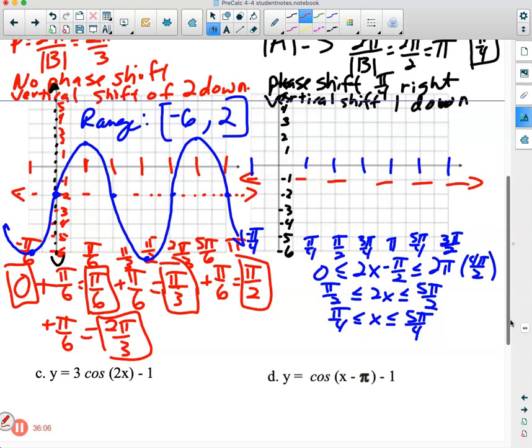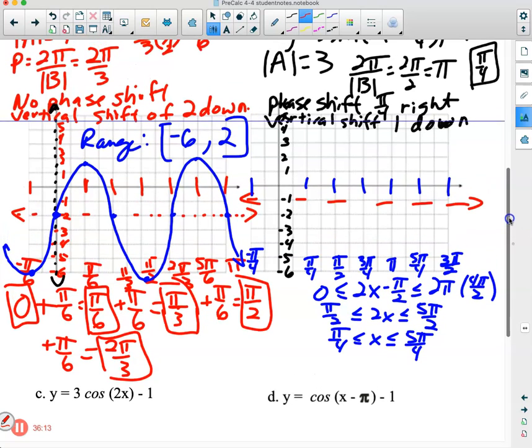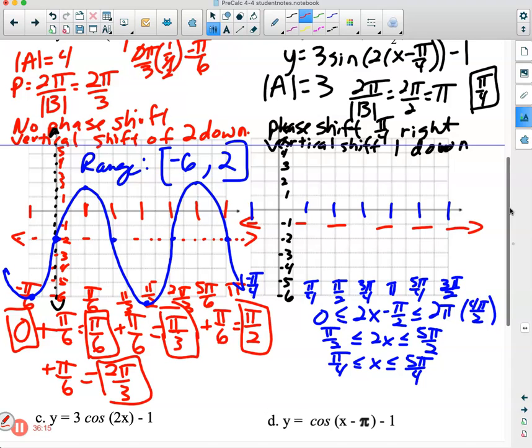Now I'm going to grab my helper line color again, because this one had a phase shift, and I definitely do not want to forget that pi over 4 to the right phase shift. It's like that acts like my new origin now, you know, my 0, 0 again.